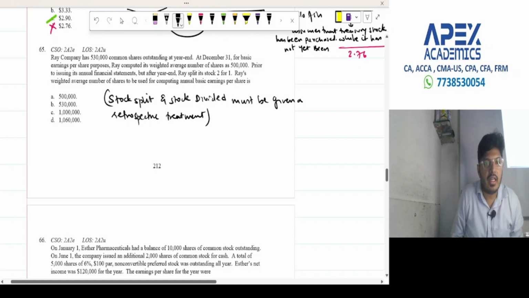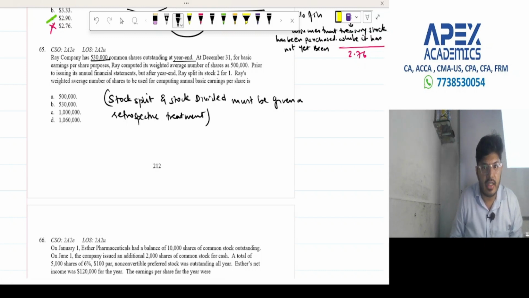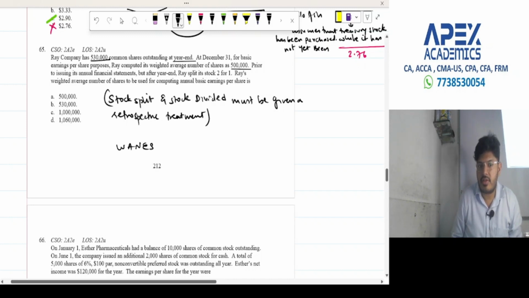Yes. Sir, there are 5,30,000 common shares outstanding at year end, December 31. For basic earning per share, it computed its weighted average shares at 5 lakhs. Okay. What are my WANES? 5 lakhs.